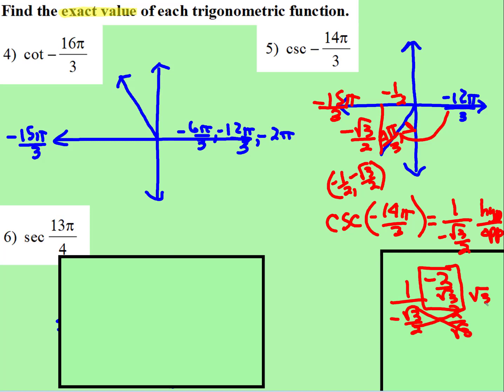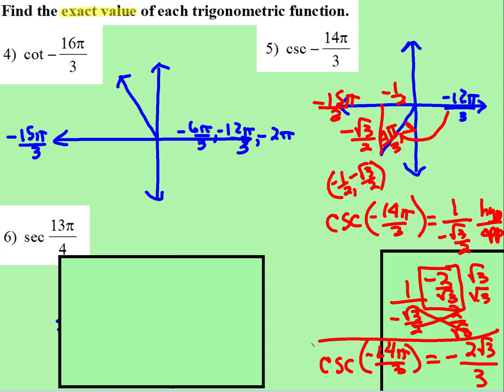So then you're going to multiply top and bottom by root 3, and you'll end up with cosecant of negative 14 pi thirds. Negative 2 times root 3 is negative 2 root 3. Root 3 times root 3 is root 9. The square root of 9 is 3. All right, that's it for this one. When you're finding the exact value of a trigonometric function.